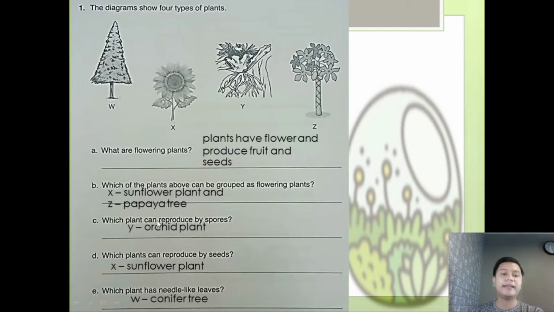The plant that can reproduce by spores is the orchid plant. The plant that can reproduce by seeds is the sunflower plant, and of course, the papaya tree as well. And the plant that has needle-like leaves is the conifer tree.